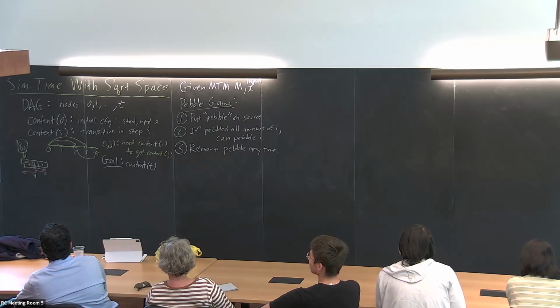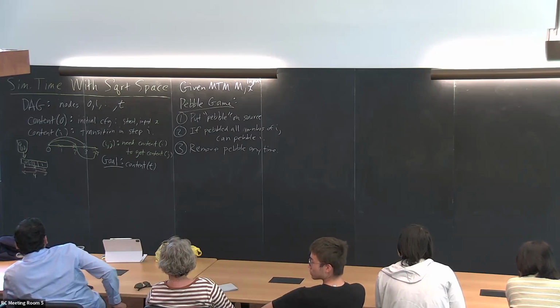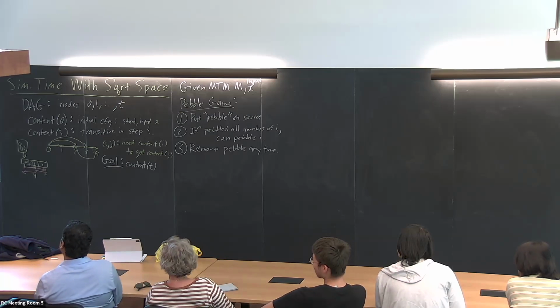Isn't it depending on just this bit at this cell itself? Why does it have 2 incoming edges? You probably also need the state from the previous step. Right, to know where you are in the program, you need to know the state. So this is tracking the state and these are tracking the reads and writes.